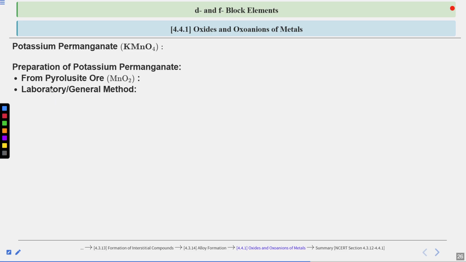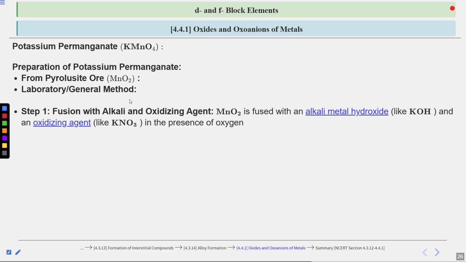The laboratory or general method includes step 1, fusion with an alkali and an oxidizing agent. We fuse MnO2 with an alkali, a first group hydroxide, and an oxidizing agent. Pyrolusite has the formula MnO2, where manganese oxide is found in the form of MnO2.